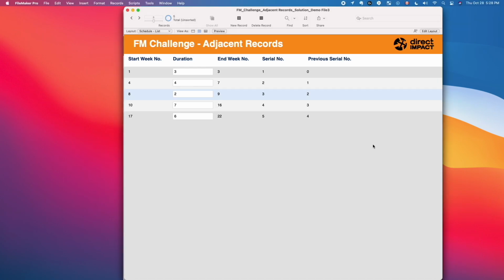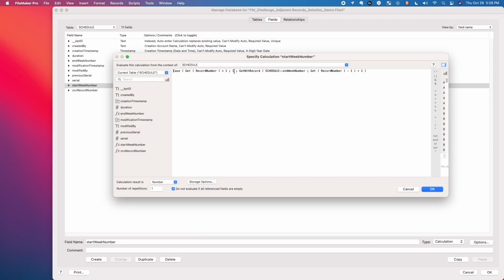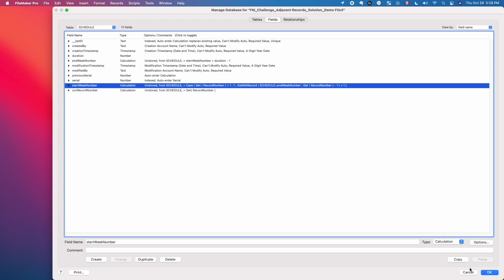The third solution is quite clever. It keeps the getRecordNumber here, but replaces the relationship with a getNthRecord function. So we don't have to deal with evaluating getRecordNumber via a relationship. Shout out to Michael for sending me this solution.